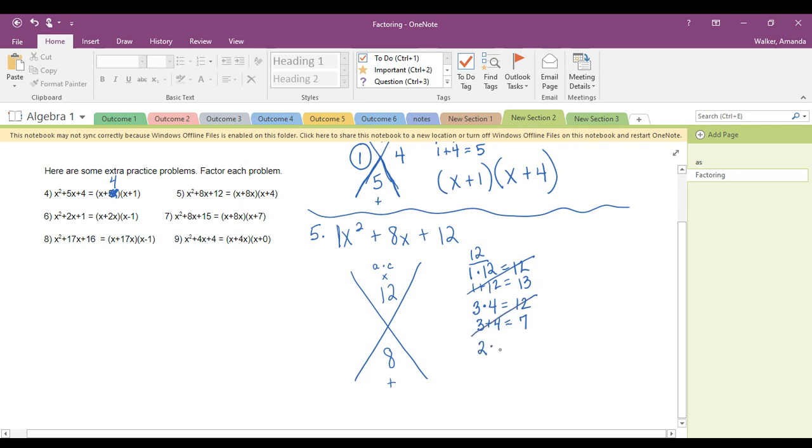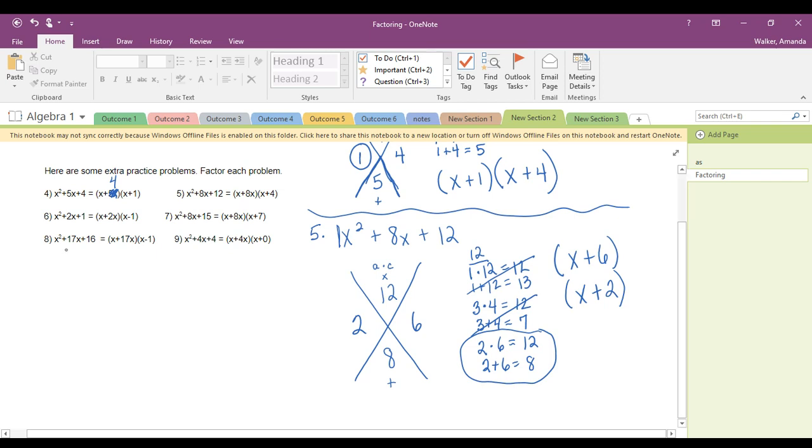Or you might recognize early on that 2 times 6 is 12, and 2 plus 6 equals 8. So our answer is 2 and 6. I write that as x plus 6 and x plus 2, or x plus 2 and x plus 6.